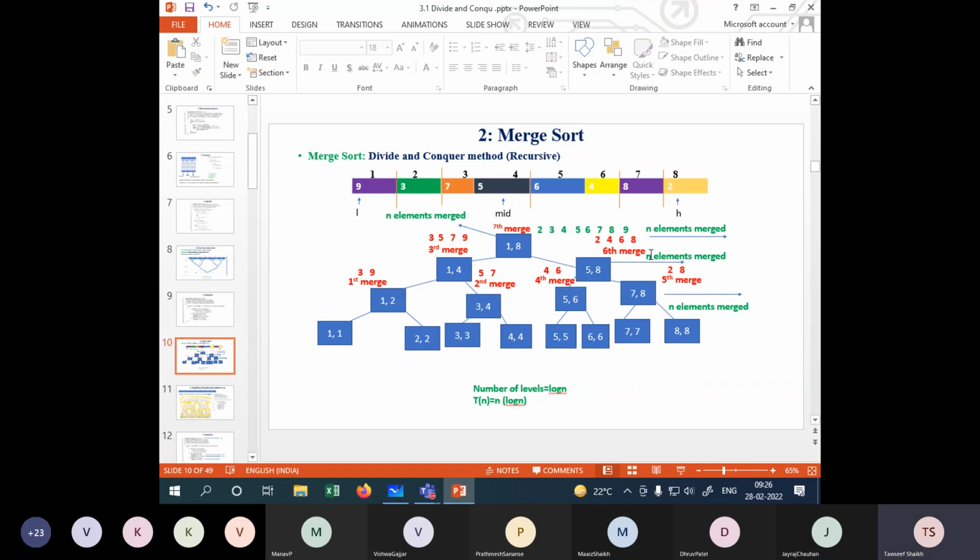Then we went back to the second level where the next merging was done, and in this level again n elements were merged. And then the final merge was performed on this root node of how many elements? Again n. So in total, n elements were merged here, n were merged here, n were merged here.